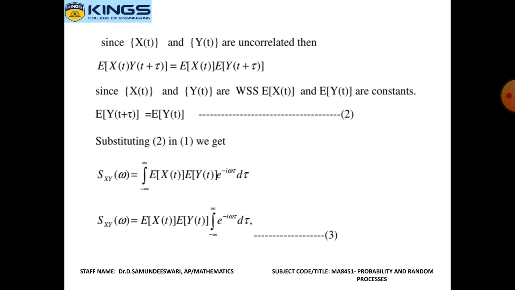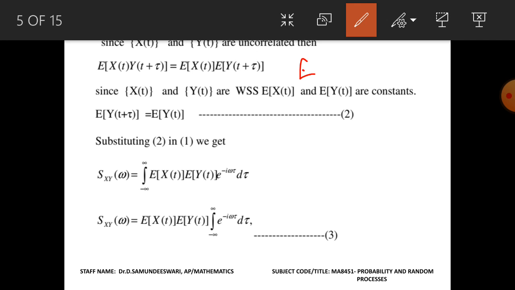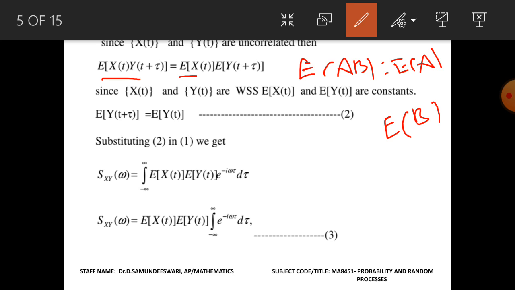So if both are uncorrelated, that is independent, then how can you write this formula? E[AB] is nothing but E[A] into E[B]. If I apply this result, E[x(t) y(t+tau)] can be written as E[x(t)] into E[y(t+tau)].